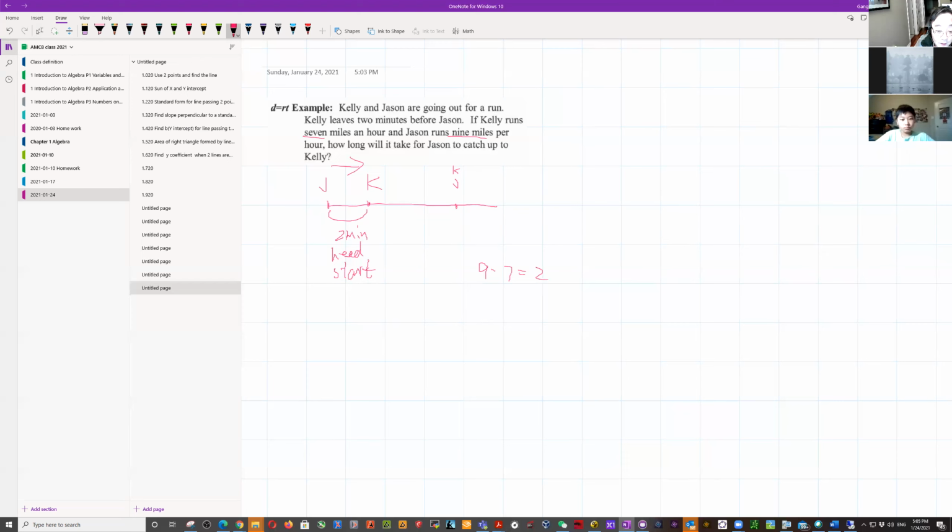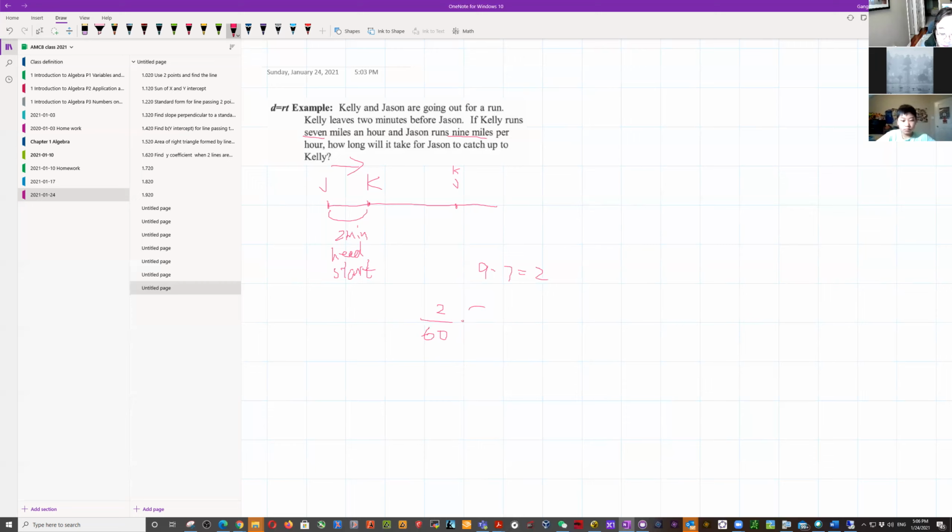Kelly's head start is 2 minutes. Because we need to use the same unit, and we're using miles per hour, we cannot use 2 minutes. We have to convert into hours, so 2 out of 60 hour.